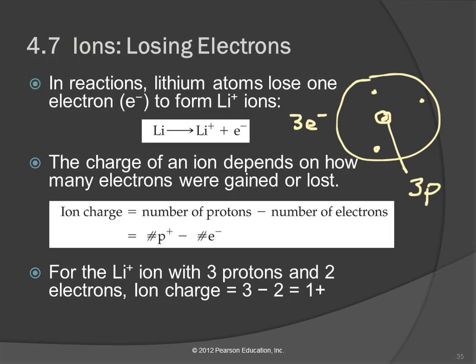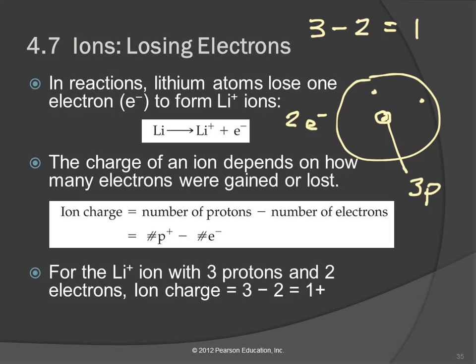So if we get rid of one of these electrons, if we take one away, now we have 2 electrons, 2 negative charges, 3 positive charges. What does that add up to? +1, right? We have 3 and a -2, and that gives us 1.